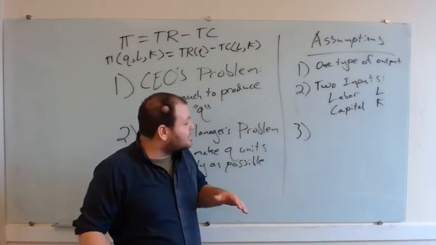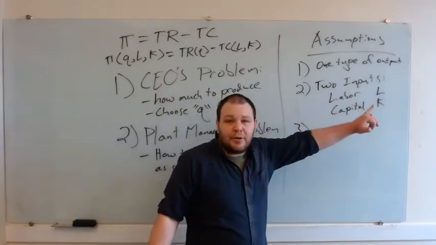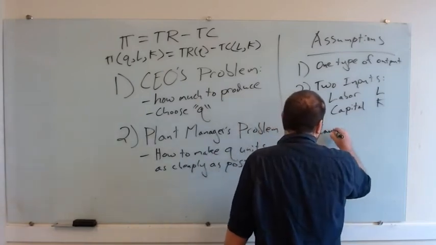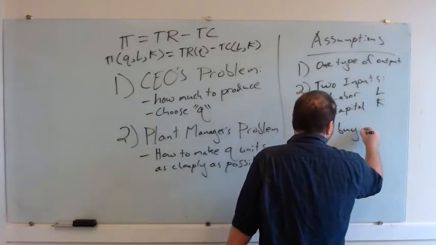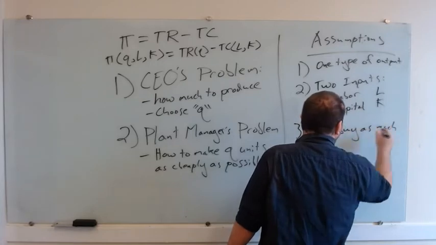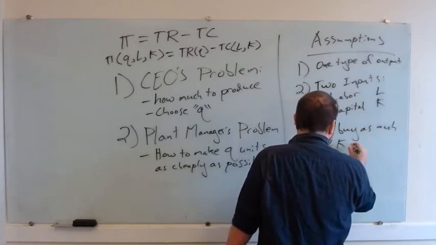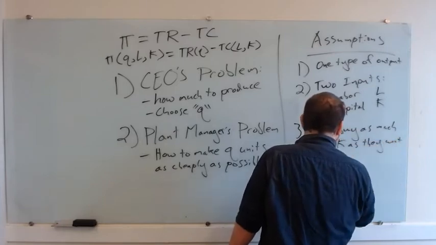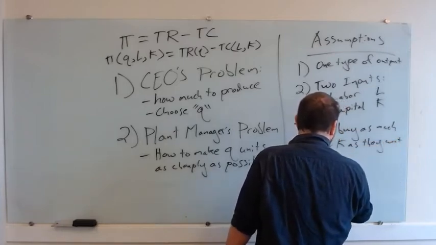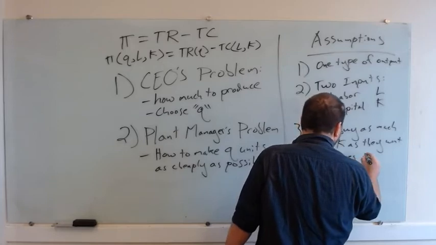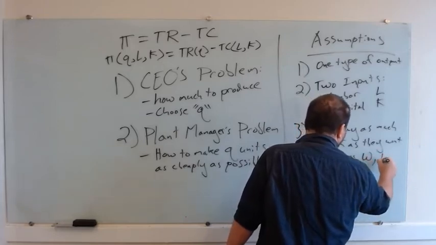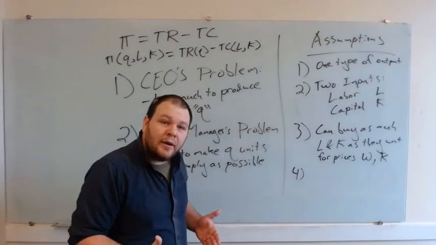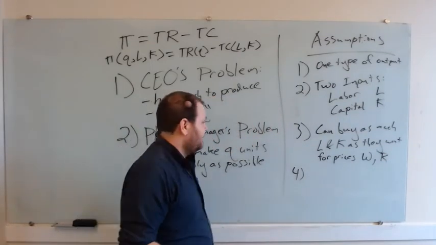So that means that firms can buy as much labor and as much capital as they want for some given prices, wage rate W, and rental rate R. And likewise, they can sell as much output as they want for some market price P.